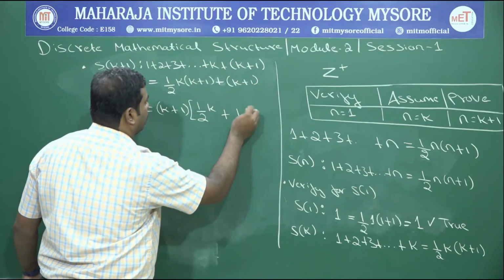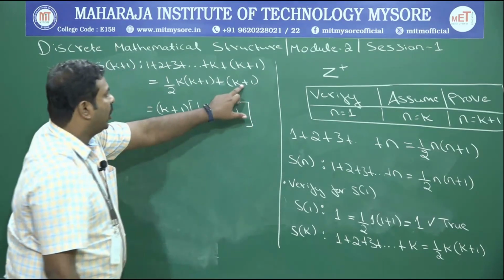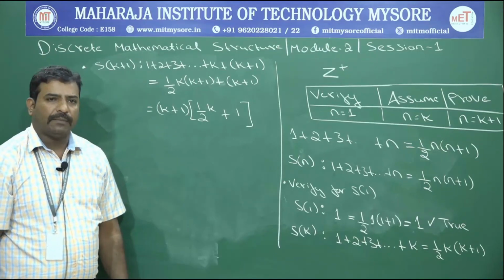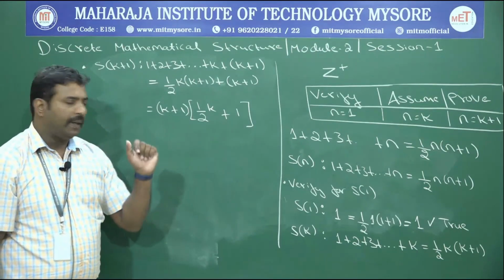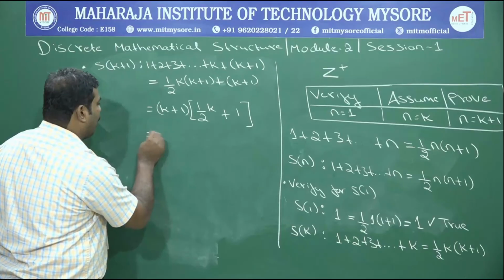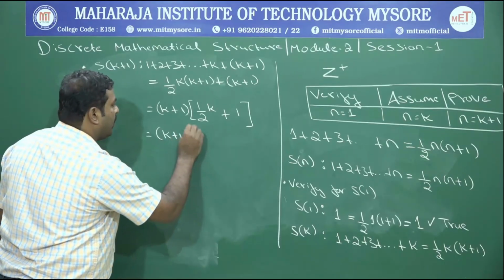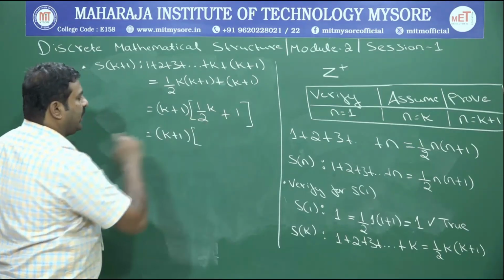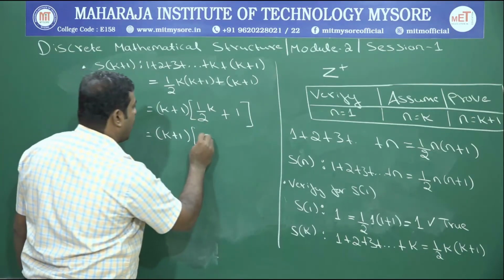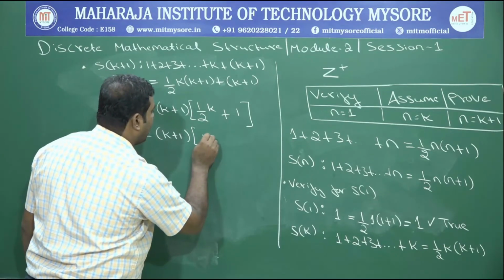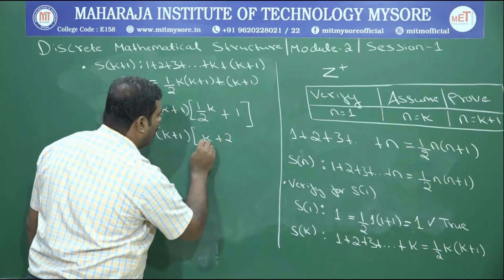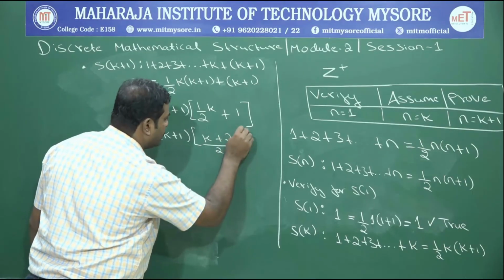That is, I have taken the common factor as k plus 1. So now just to simplify further, I need to cross multiply this, and I am going to have this as k plus 2 whole divided by 2.